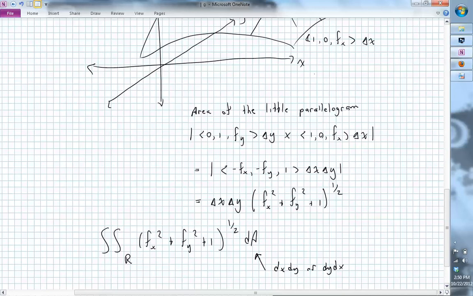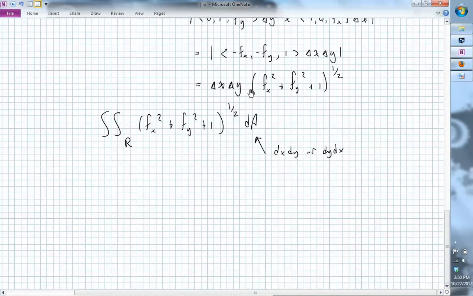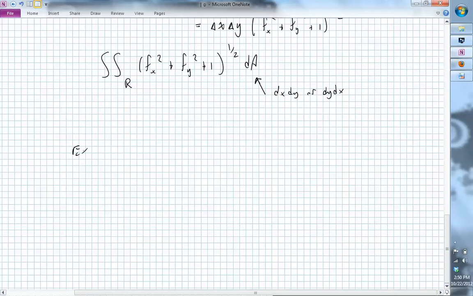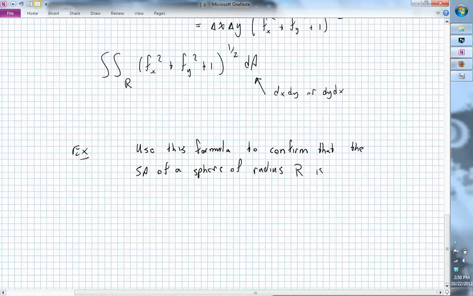Let's do an example. Let's use this approach to confirm that the surface area of a sphere of radius capital R is 4 pi R squared.